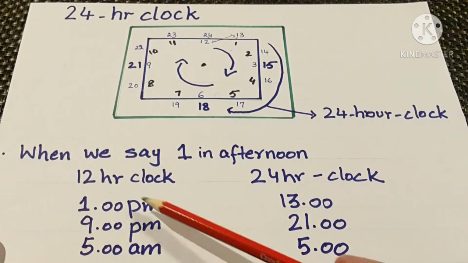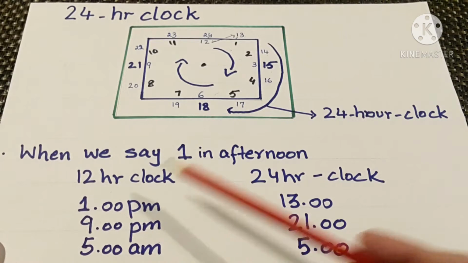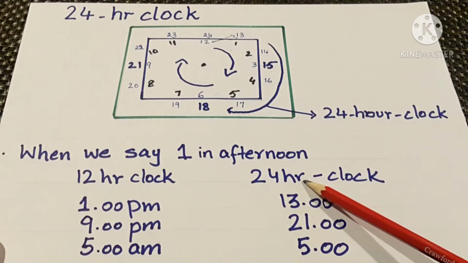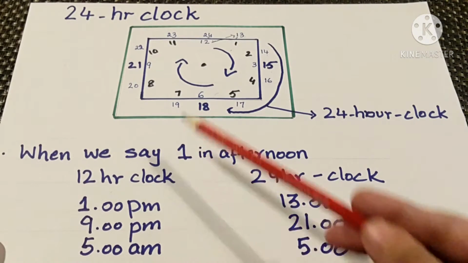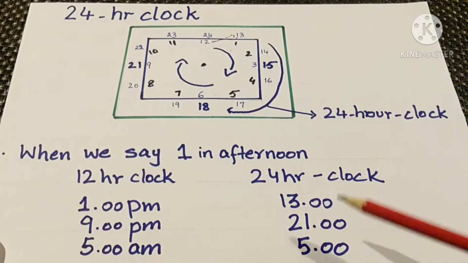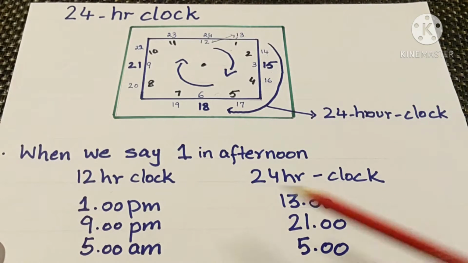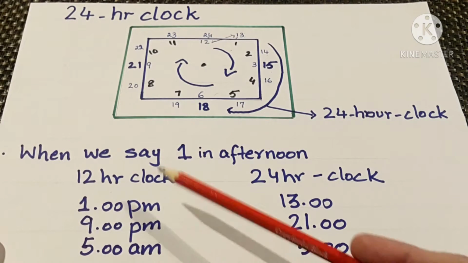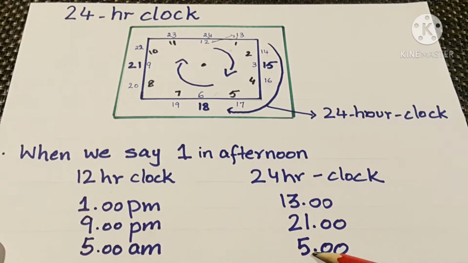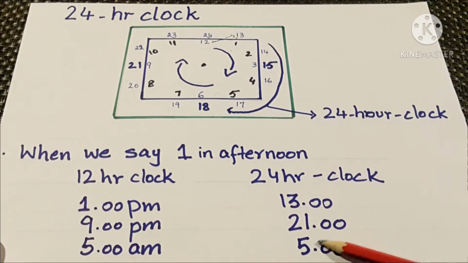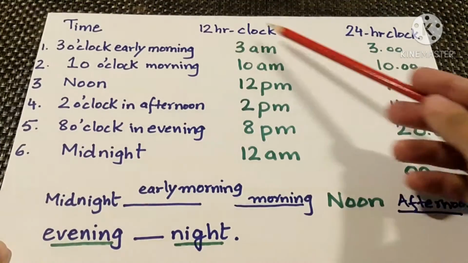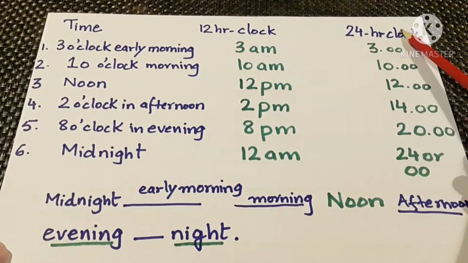So 1 PM in 12-hour clock is 13 in 24-hour clock. 9 PM in 12-hour clock is 21 in 24-hour clock. 5 AM in 12-hour clock is 5 in 24-hour clock. Hope this is clear to you.